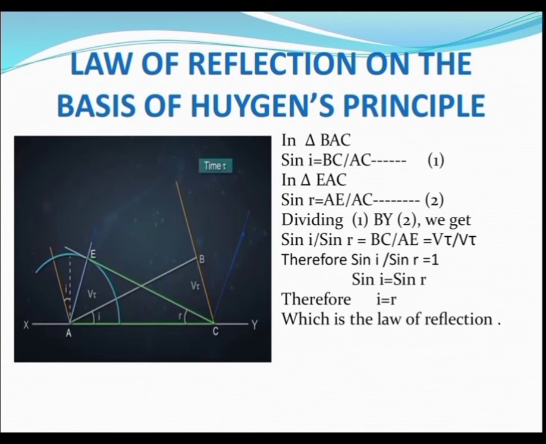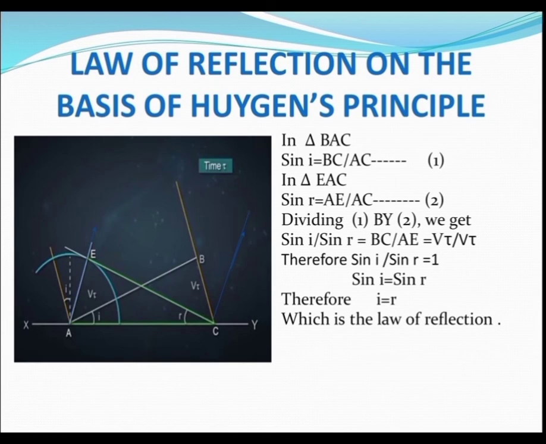In triangle BAC, sin I is equal to BC over AC because sin theta is equal to perpendicular over hypotenuse. In the diagram, we see in triangle BAC, sin I is equal to BC over AC. Let this be equation number 1.